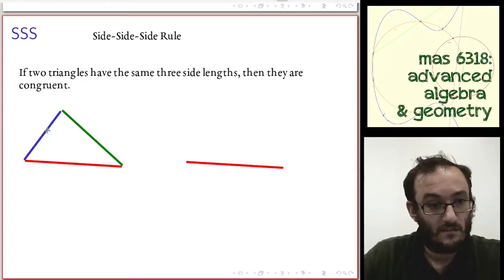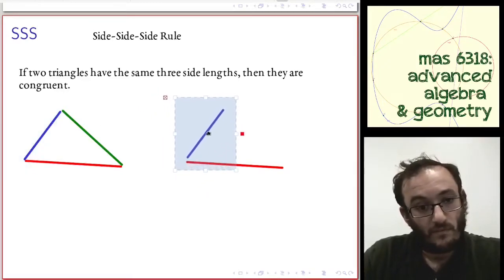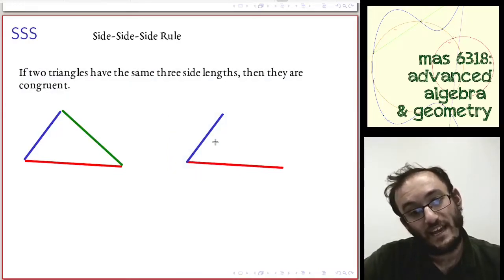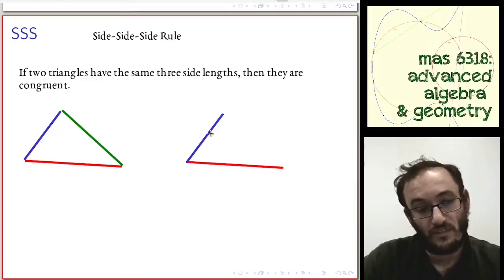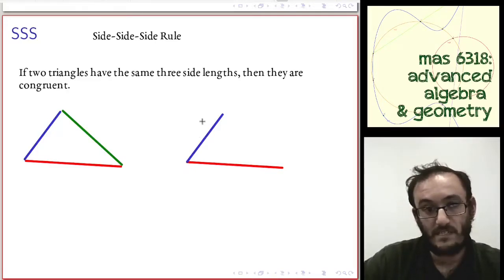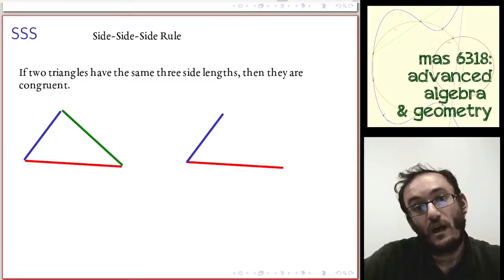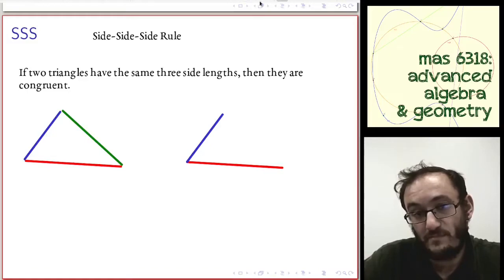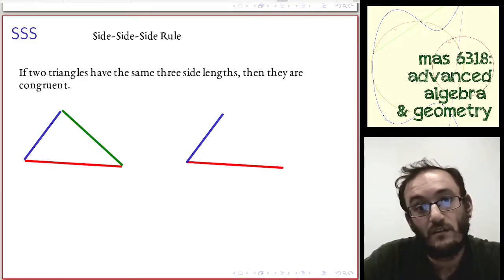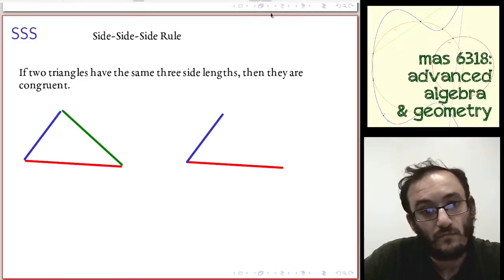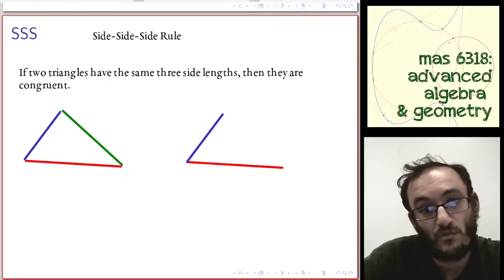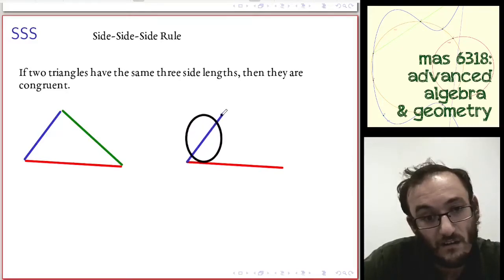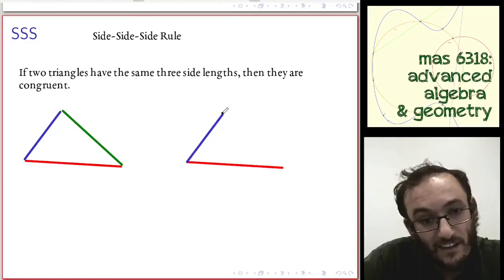This is not specified. Okay, so now I'm placing an edge here, but let's say I don't know for sure that this is the right angle to place it at. So I know that it's the right edge length, so I'll take every possible placement of the triangle that has that length. The way I'm going to do that is by drawing a circle whose center is here. Oh, I hate this. Okay, one second.